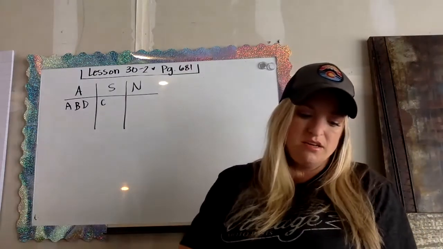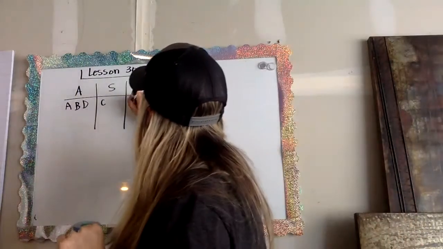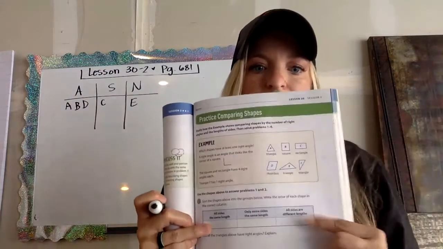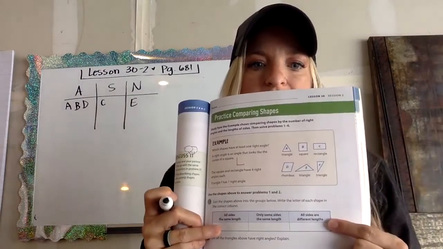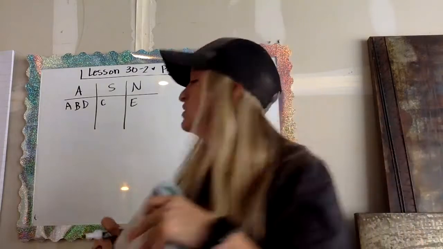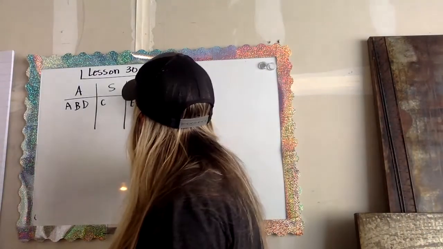Now letter E, those all are different. So E is going to go in none or different. That would go in here, this third one. F is all different as well. So that would go into the different one.